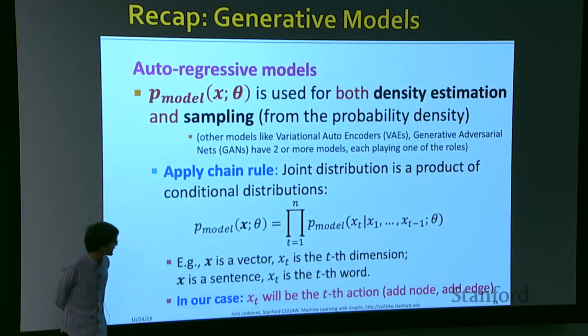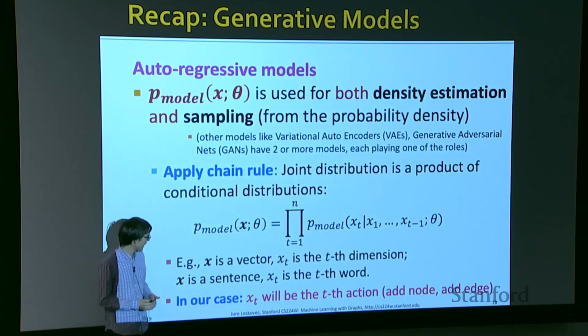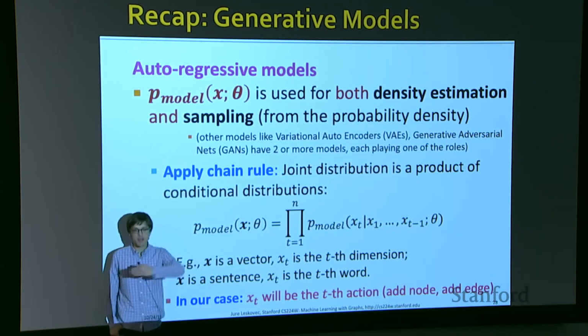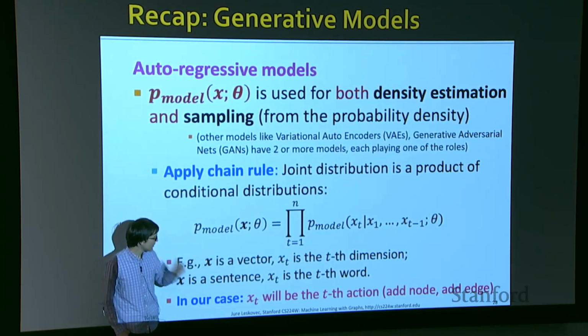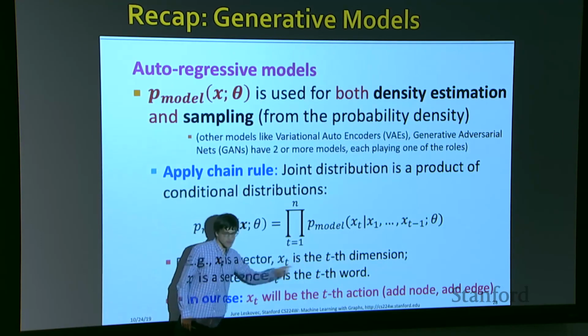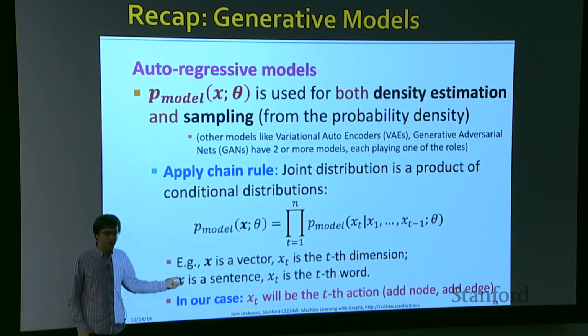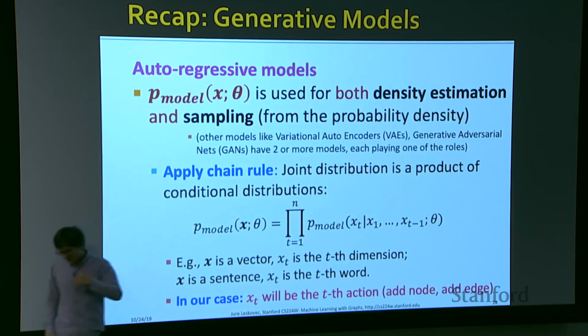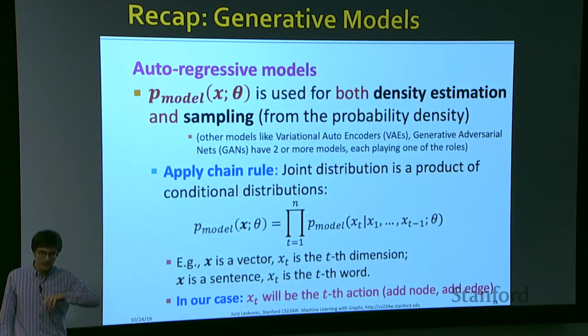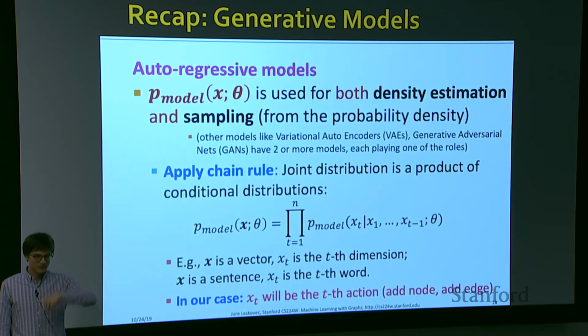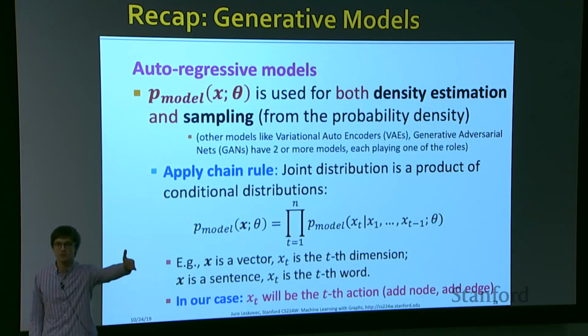So for example, if x would be a vector, then I could say, xt is the tth dimension of that vector. Or you could say, how do I generate the vector? First I generate the first component. Based on what the first component is, I generate the second one. Based on what the first two are, I generate the third one, and so on.